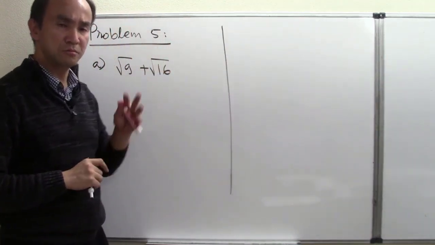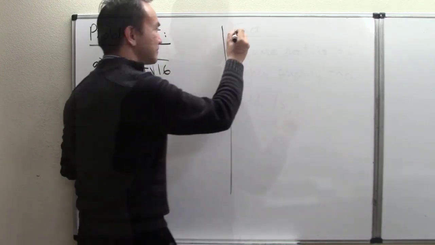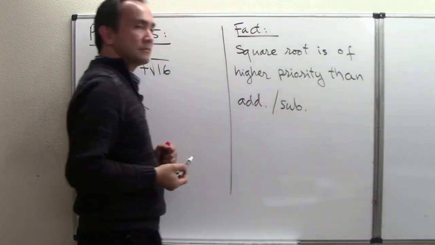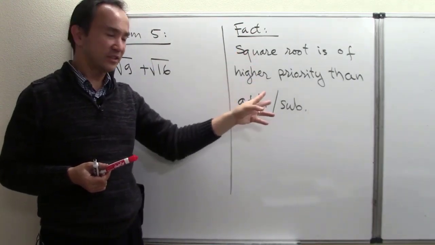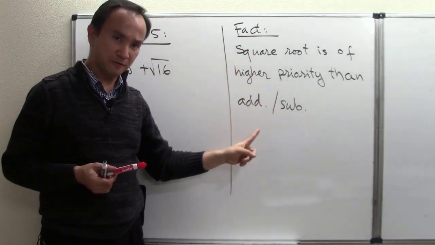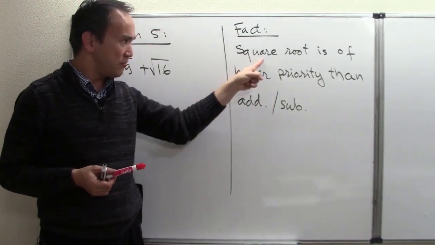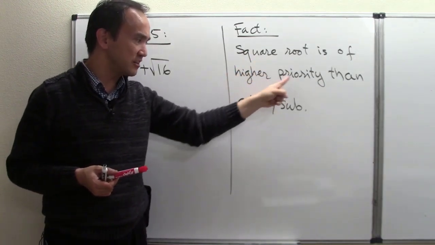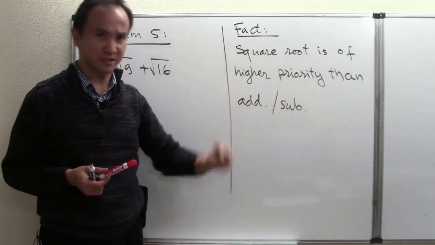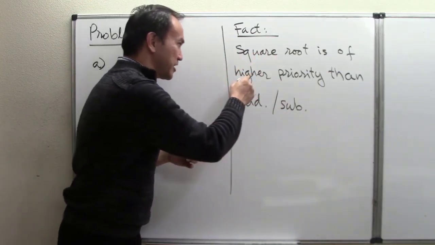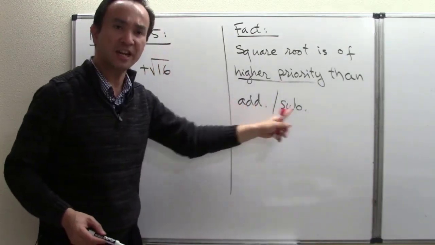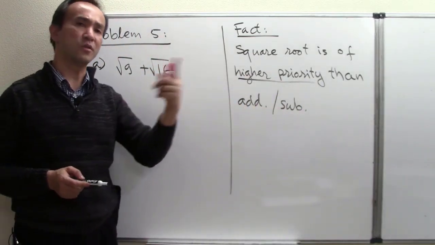With those two operations recognized in our problem, allow me to bring in the following fact. That's one fact, but it works for both operations. Square root is of higher priority than addition and subtraction. So square root is of higher priority than either of these, addition or subtraction.